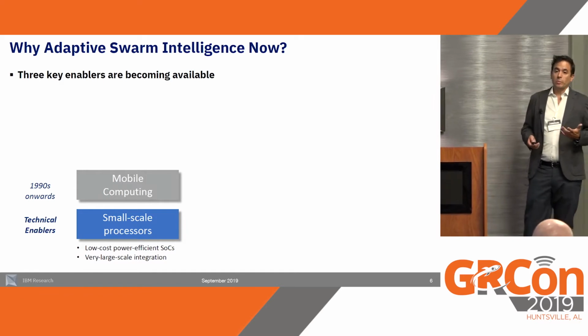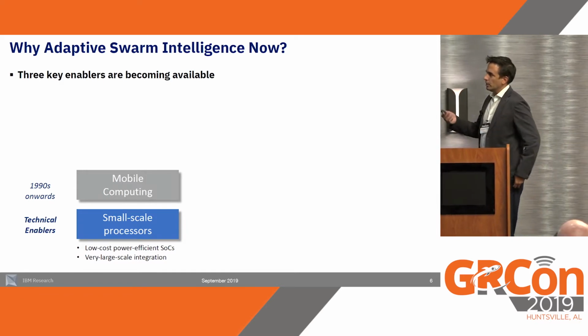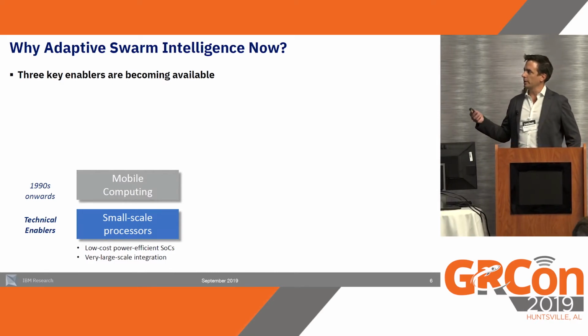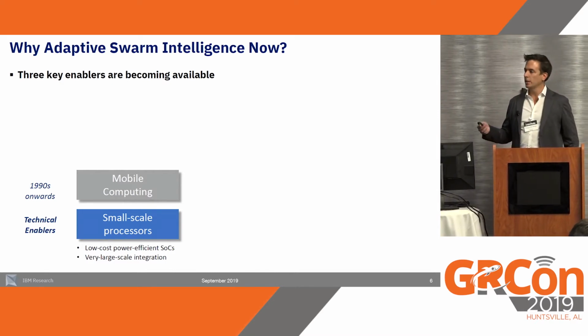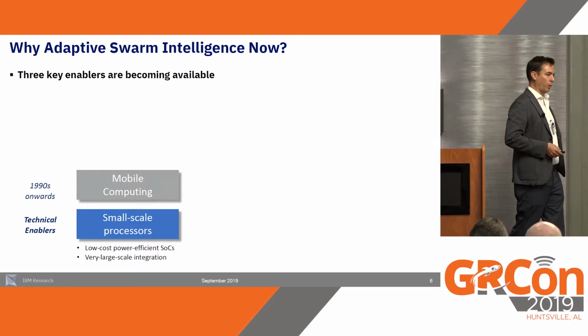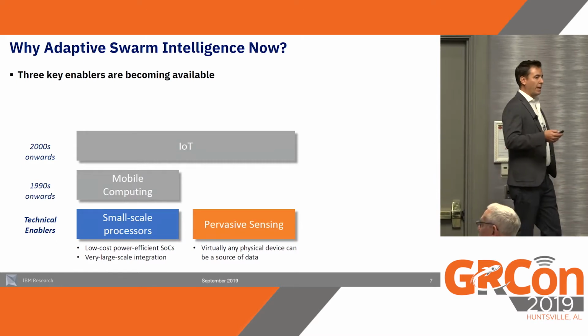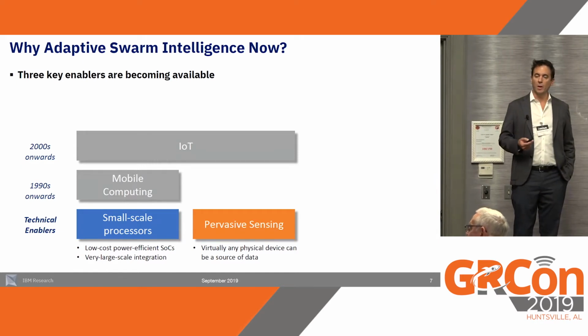Why do we think adaptive swarm intelligence is going to happen soon? If we look backward, we can remember that in the 90s, a small scale processor fueled by very large scale integration gave rise to mobile computing, right? Then we had pervasive sensing, where virtually every physical device became a source of data.